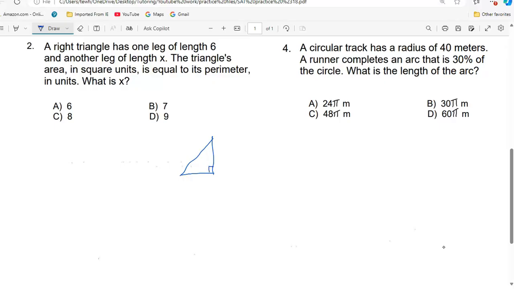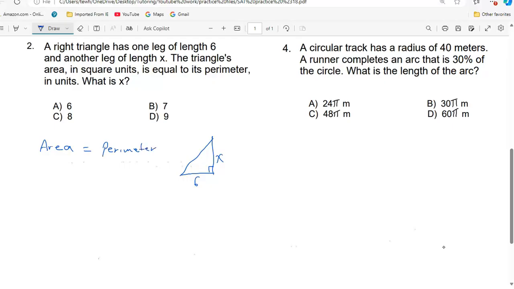One leg is 6, the other one is x, and the area is equal to the perimeter, right?